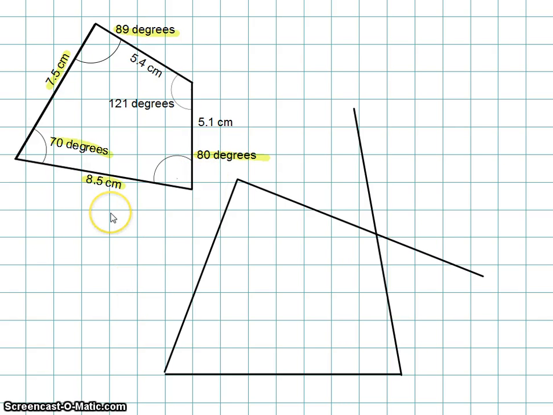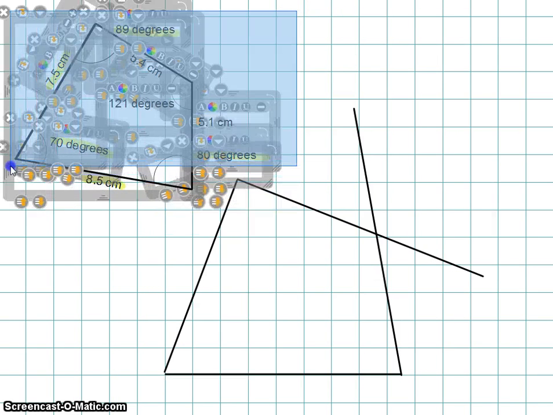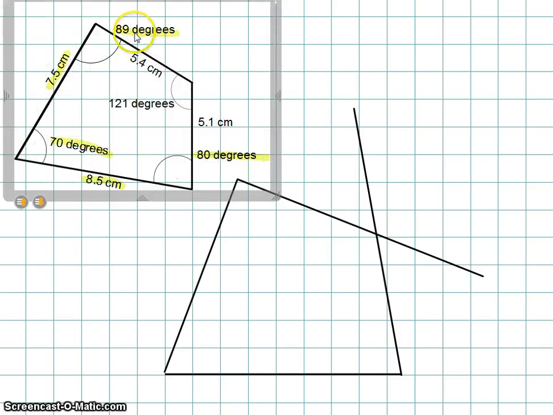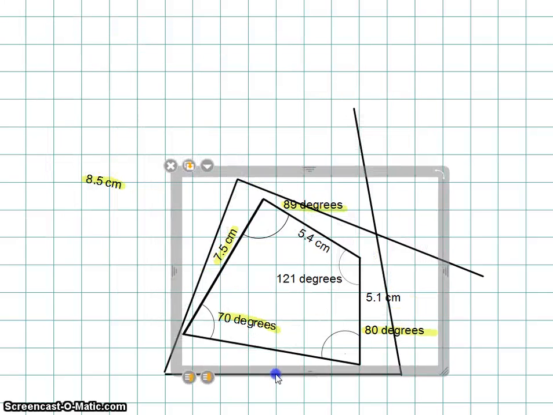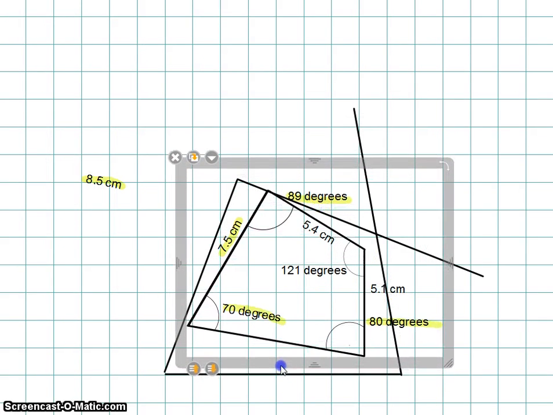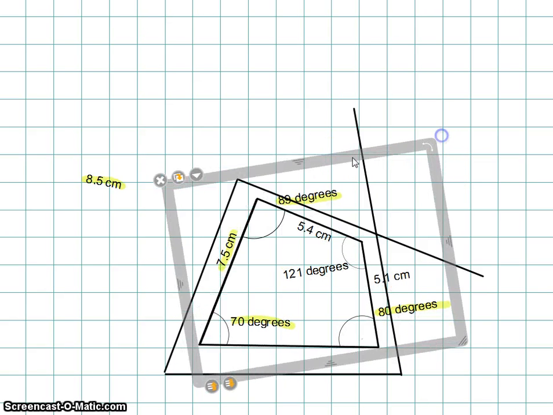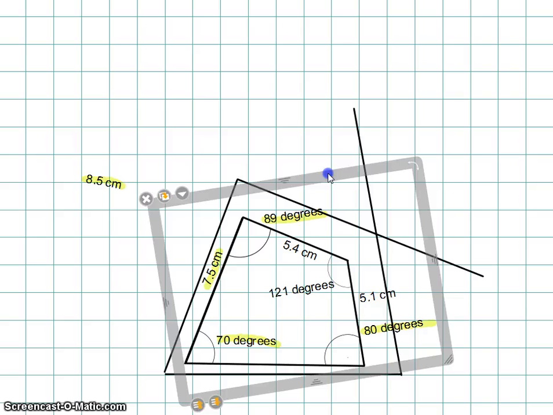Okay. Now, like I said in the previous video, we all know that the original quadrilateral, if you compare it with the one we just drew, is not the same. It doesn't look like it's congruent.